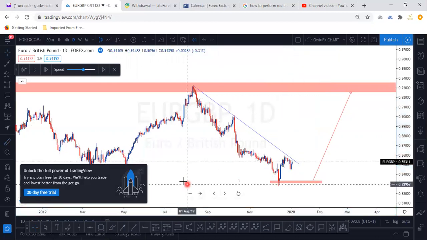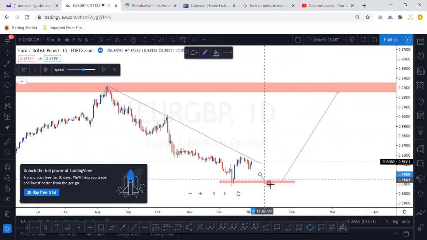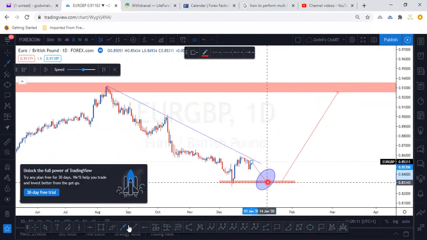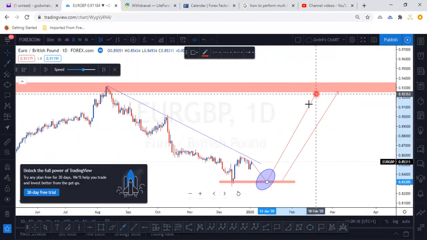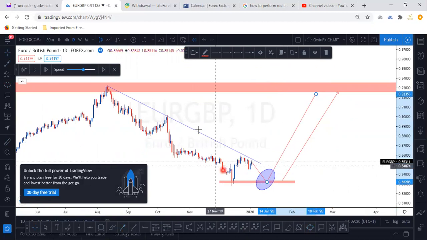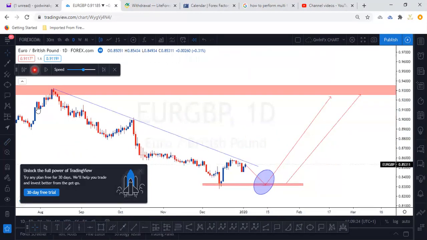So what we want to be doing is looking for an entry here. I'll quickly draw this line down here. Here I want to look for a reaction up around here, and I want to target this zone. Let's go down to see what happened on the next bar. The next bar came in daily.